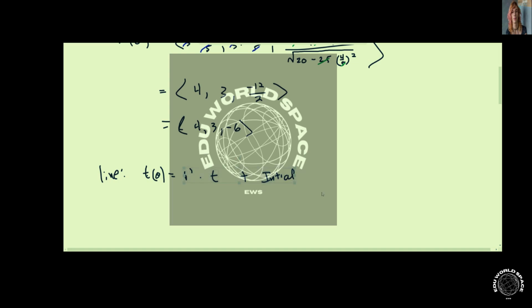Actually, I'll write this out in words because the symbols are throwing it off since I'm reusing things. It's just the tangent slope times t plus our initial point. We can do this whenever we don't care about indexing t in some way.